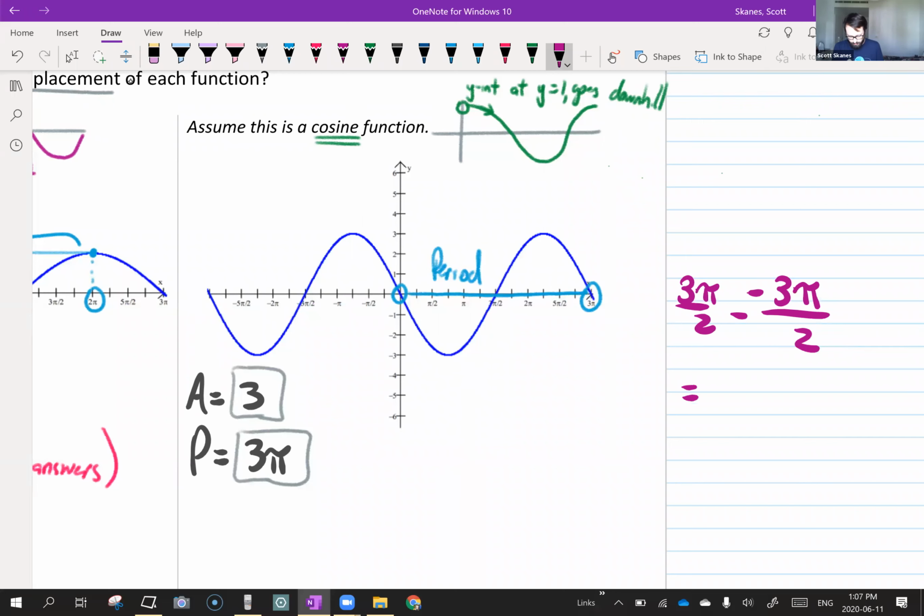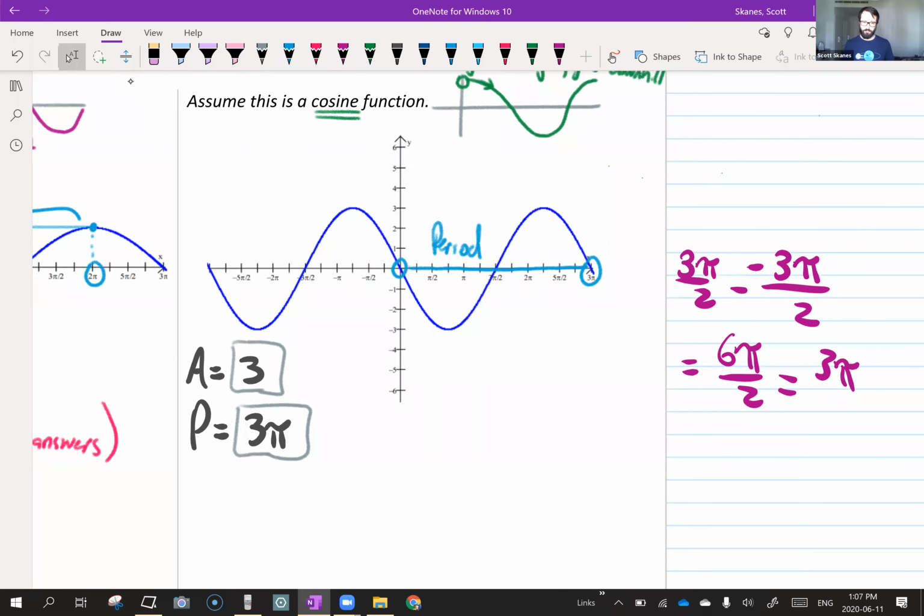That gives 6 pi over 2, which is still 3 pi. So maybe you had an algebra mistake. I'll leave that there for now so you can figure that out. But whatever way you get it, as long as you get 3 pi, is what matters. I'm going to erase this.